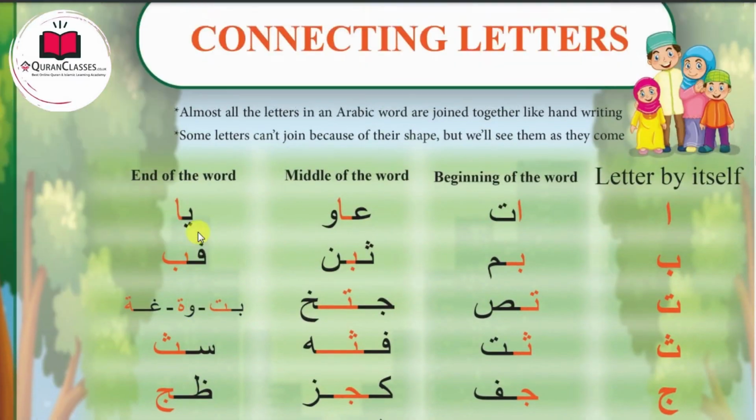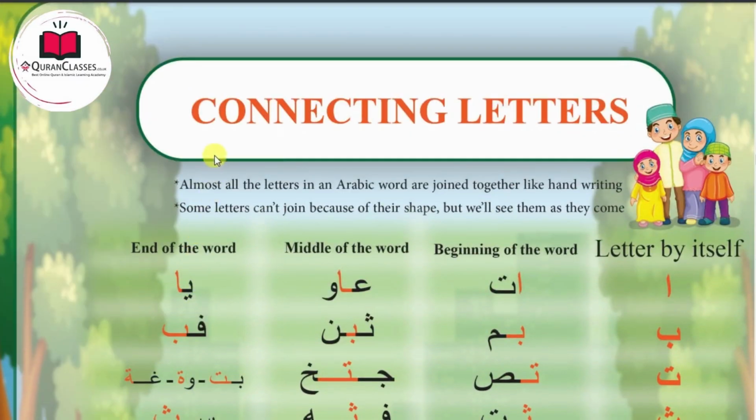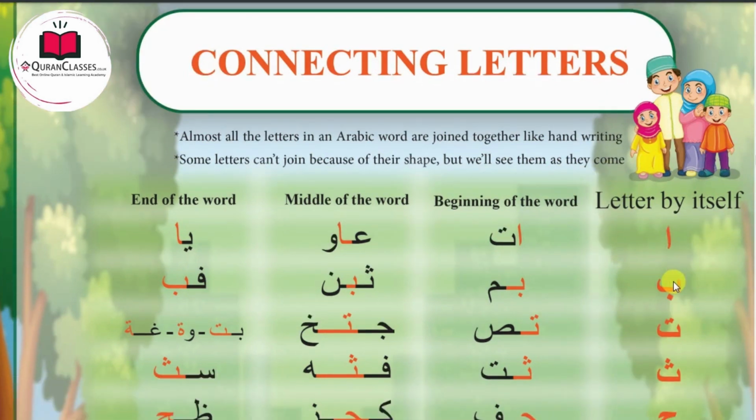After that we have joined letters. We can also call them connecting letters. The book says almost all the letters in an Arabic word are joined together like handwriting. Some letters can't join because of their shape, but we will see them as they come. First of all, Alif.